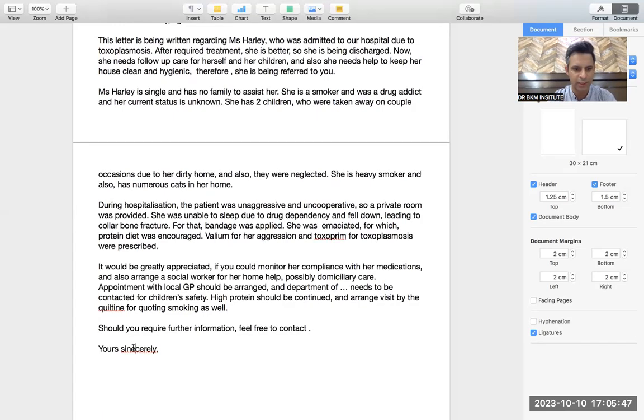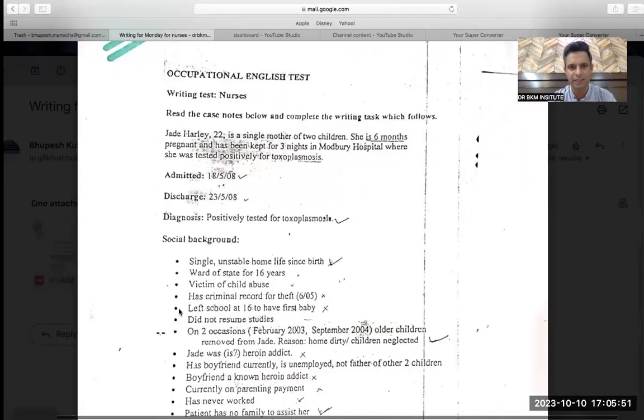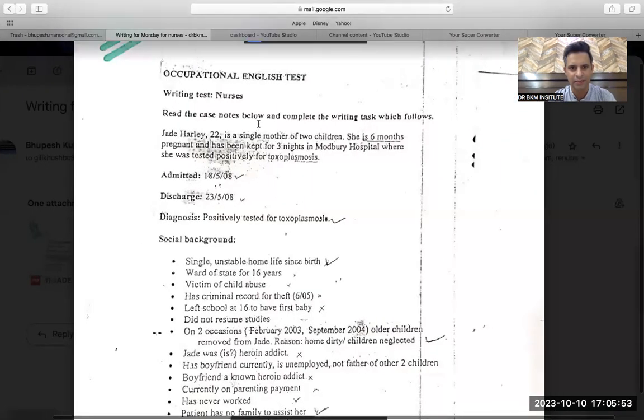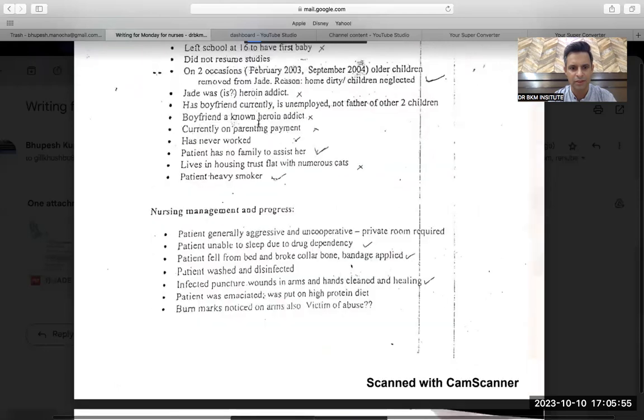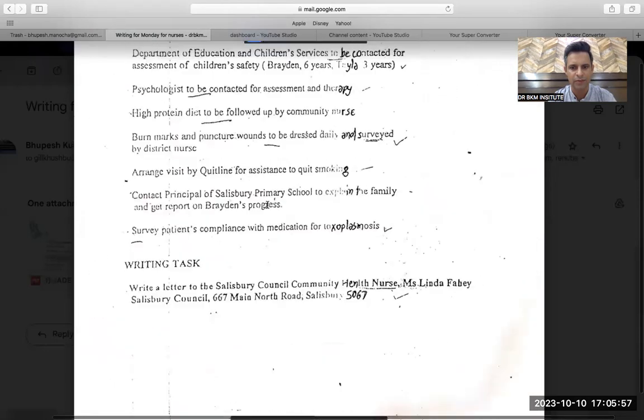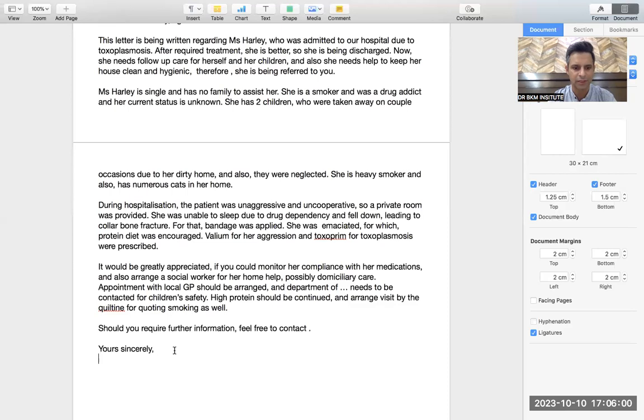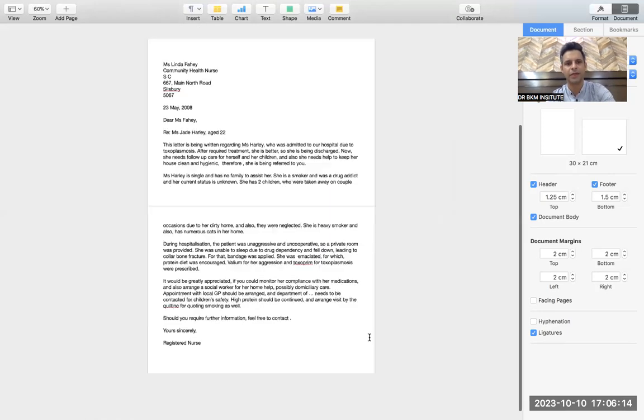So yours sincerely. And let's see if my name is given. No, I'm just a registered nurse, that's it. So that's my last thing. Registered nurse. If my name would have been given, I would have written it over here, giving a space. So yours sincerely, registered nurse. That's my complete OET letter.